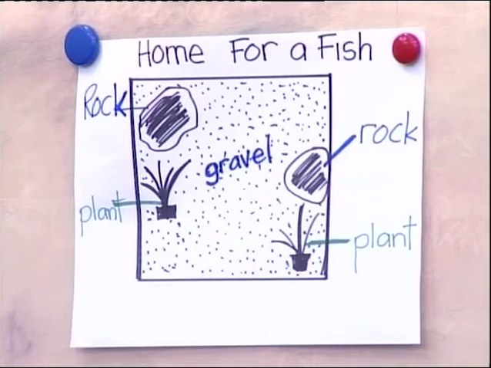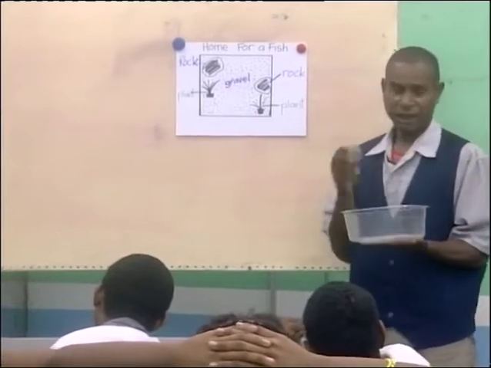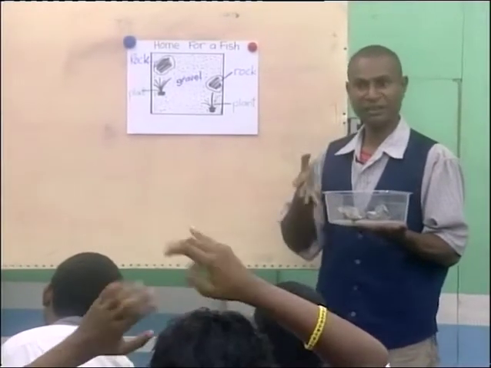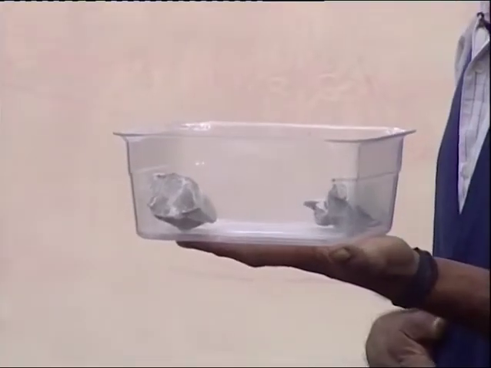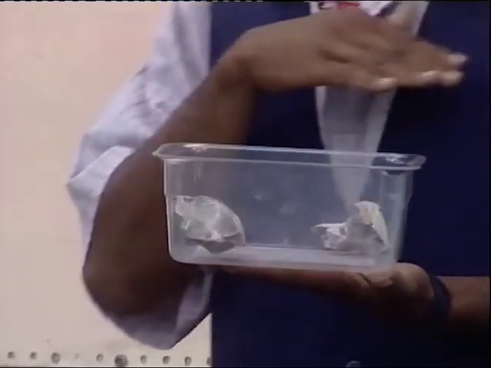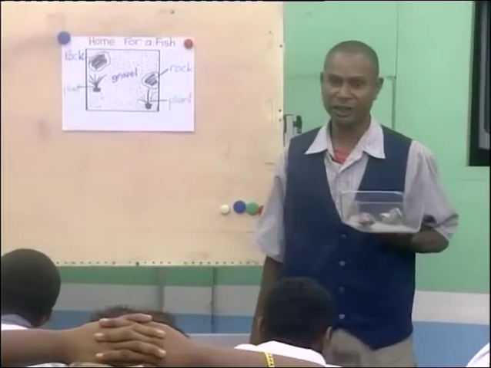So I make my plan using this container. And I'll place rocks, but I need to find plants and water, and after that, pour in the water and the fish. So this is my plan, using this container.